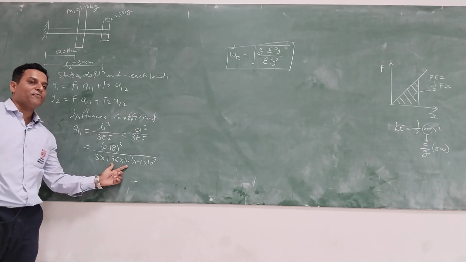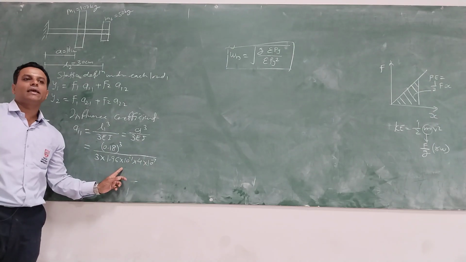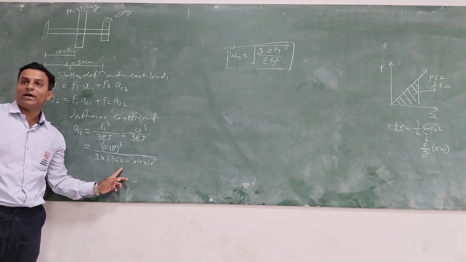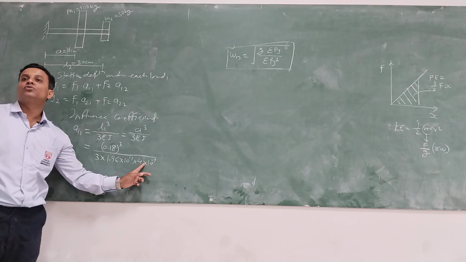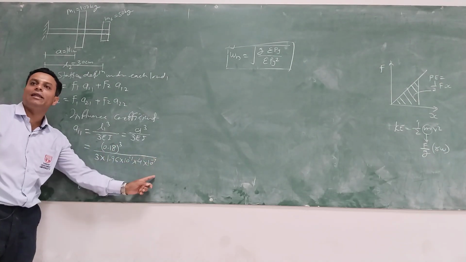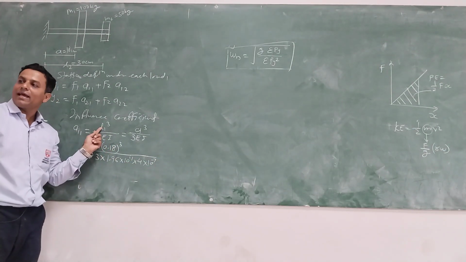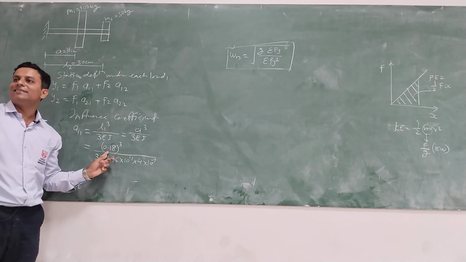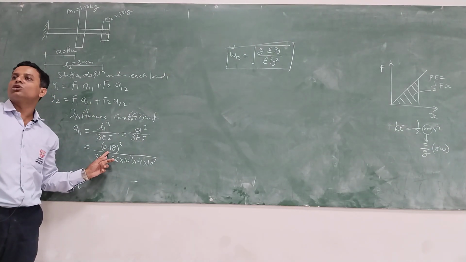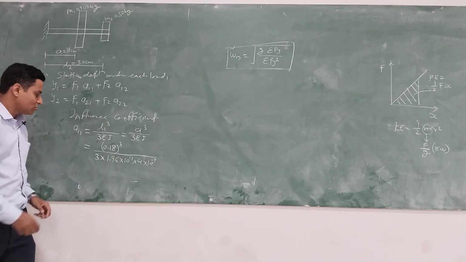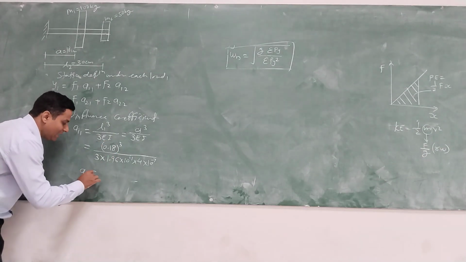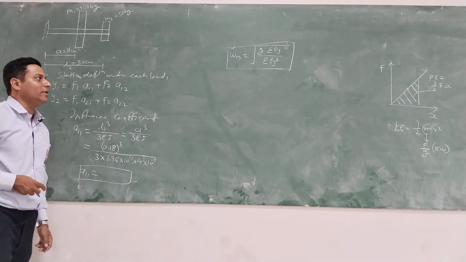Just check the unit of E and I. E is in Newton per meter square and I meter raised to 4. So all the values we have taken in meter. So we have to take L1 in meter. So 18 centimeter, 180 mm means 0.18 meter. So if you calculate, you will get A11, influence coefficient 1.